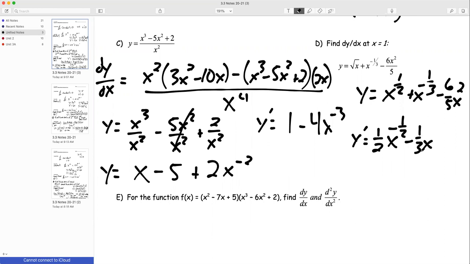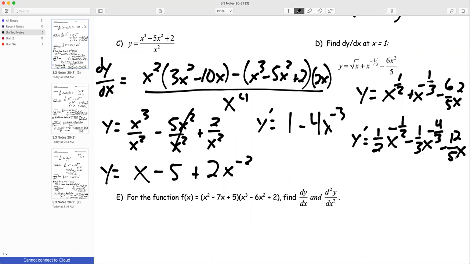And then I have negative 1/3 minus 1, which is negative 4/3. And then I've got negative 12/5 x.